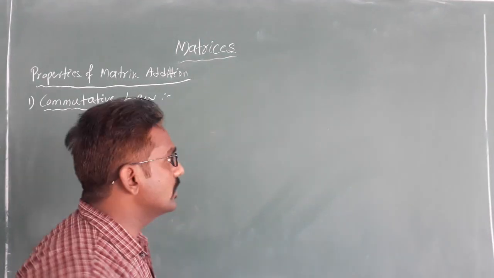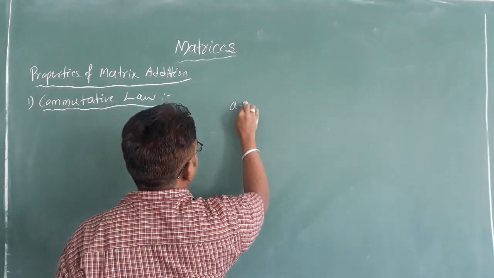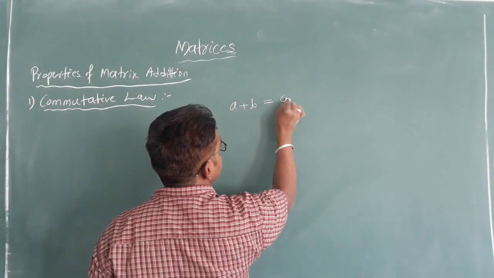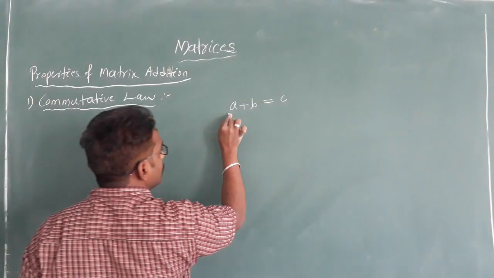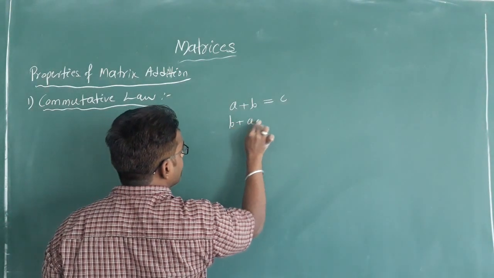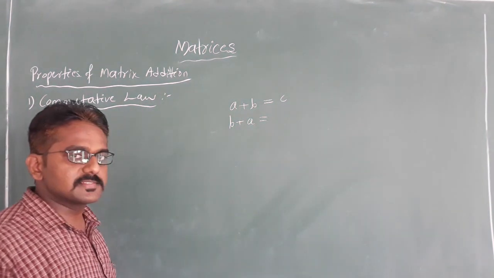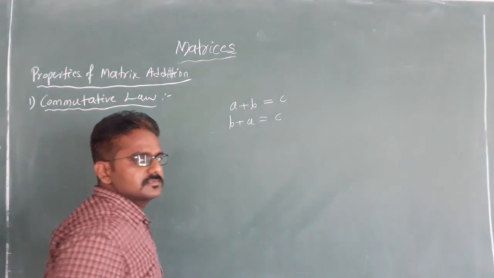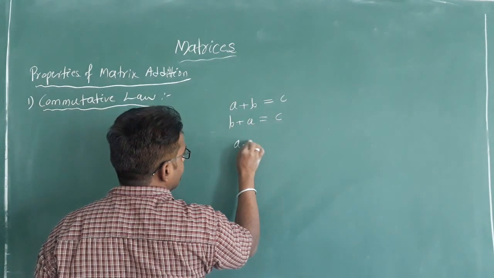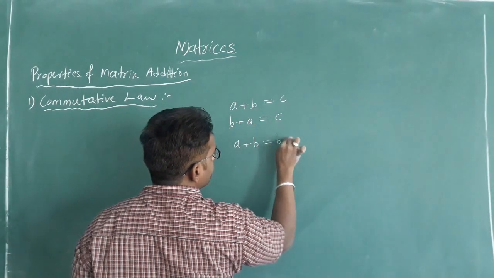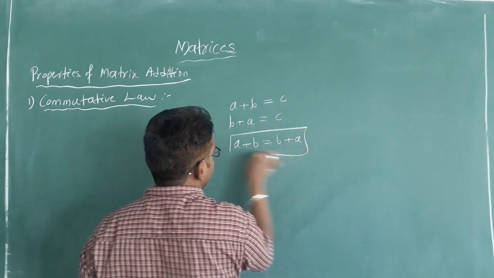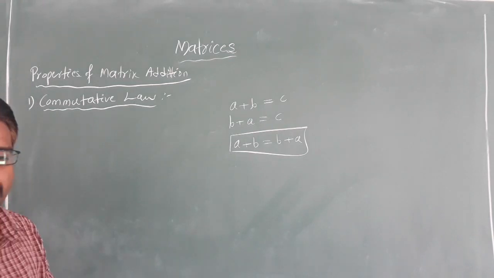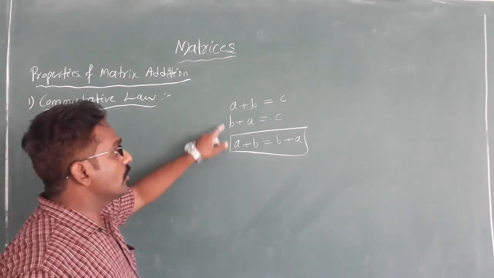If we add two numbers a plus b and the answer is c, then if I do b plus a, will I get the same answer or different? Obviously it is the same answer. So we can write a plus b equals b plus a. This is the commutative property or commutative law of addition of two numbers.